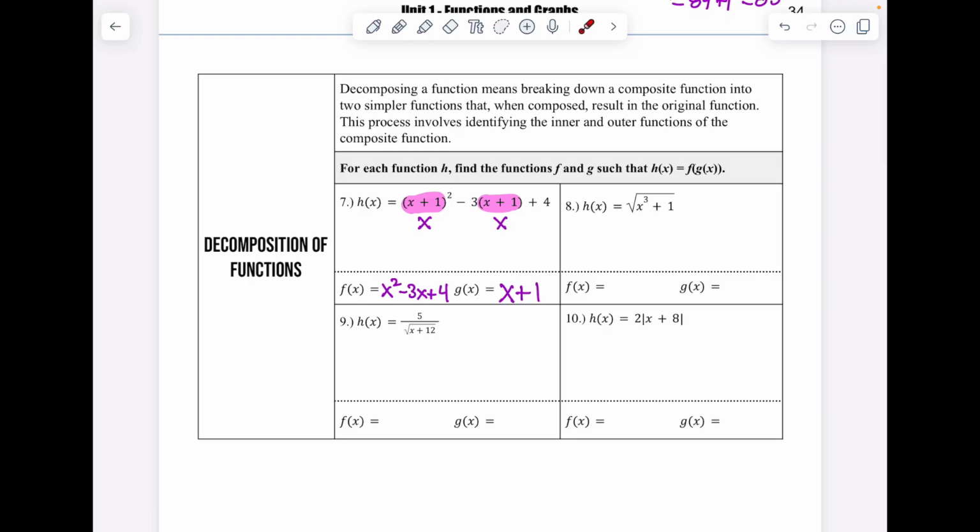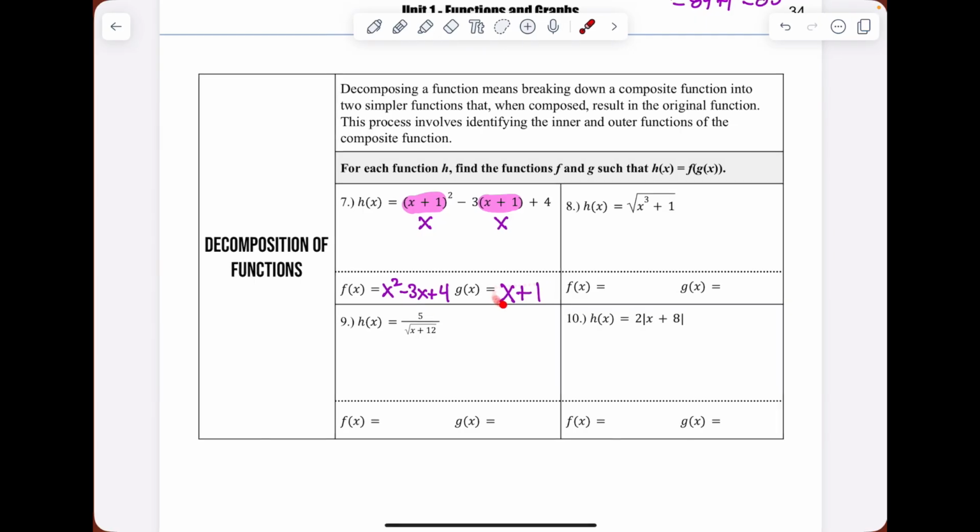So that would be a possible decomposition, because if I would find f of g of x, like they're saying here, h of x equals, I would have to take the x plus 1 and plug it here and here, and I would end up with this equation.